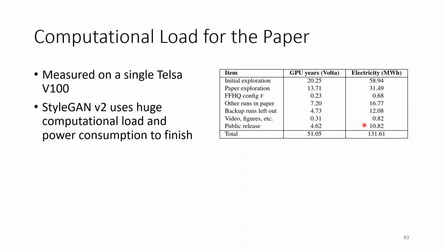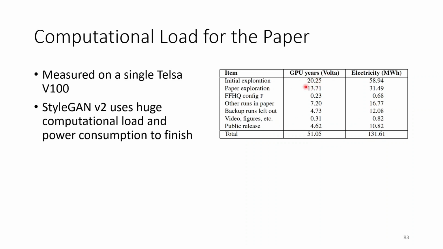Okay, there are some very interesting numbers. You can find a table on the StyleGAN V2 GitHub website. It shows the overall GPU time for doing the research for StyleGAN V2: years, not days, years, measured on a single Tesla V100. In the beginning, they found there are some artifacts, so they needed to reproduce those artifacts as much as possible.